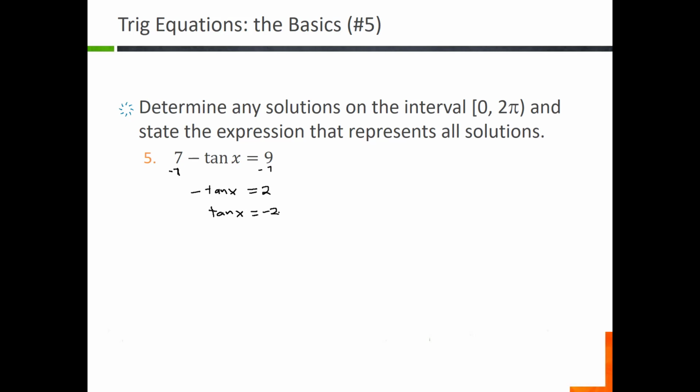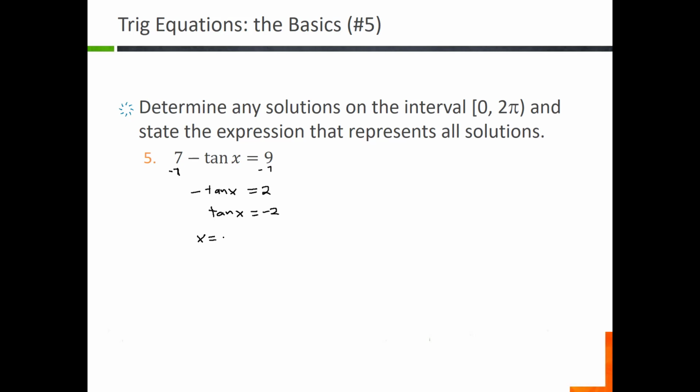So we have tangent of x is equal to -2. We've got it simplified, so we're ready to use the unit circle if we can. How do we find when tangent of x is equal to -2? Well, is that a value on the unit circle? The answer is no. It's not one of our exact values. So just like we did in the last example, we're going to have to do an inverse tangent.